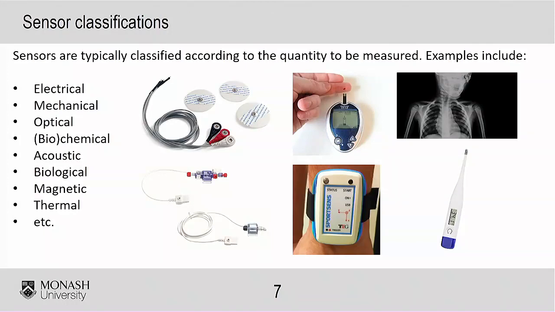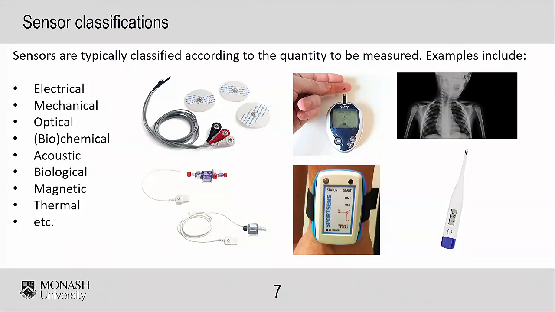There's a really wide range of classifications that we can apply to sensors based on the quantity to be measured. So this can apply for electrical signals. There's some examples up on the screen here. For instance, we have ECG pads here, we have pressure sensors here, we have old smartwatches.